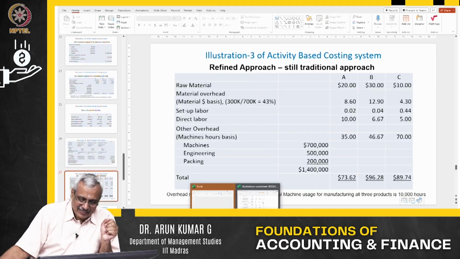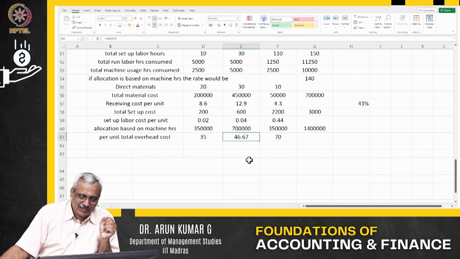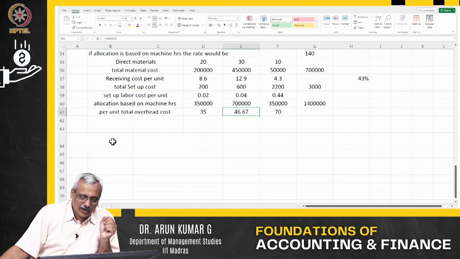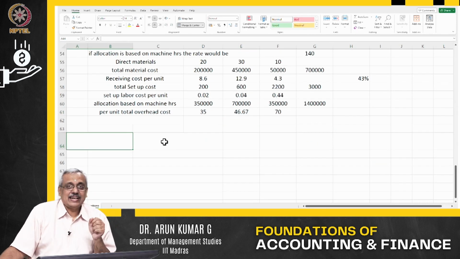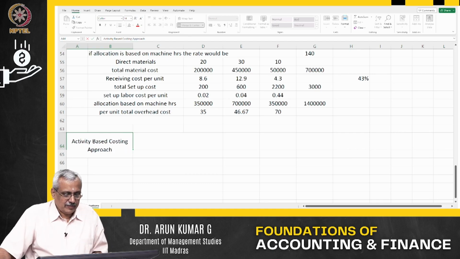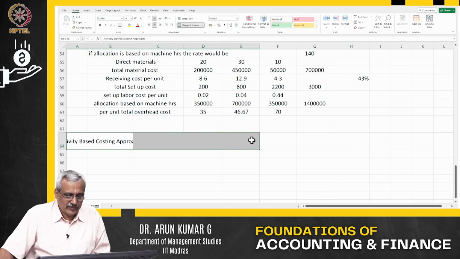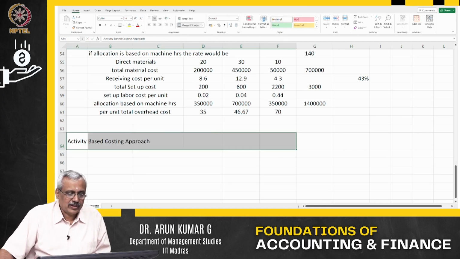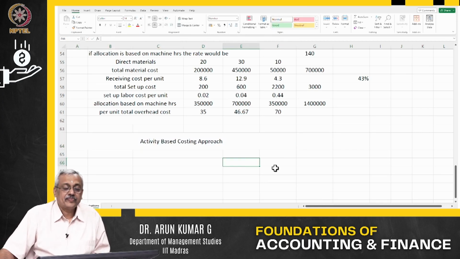So let us use the activity based costing method using this particular Excel sheet. Activity based costing is the approach we will use in this case.